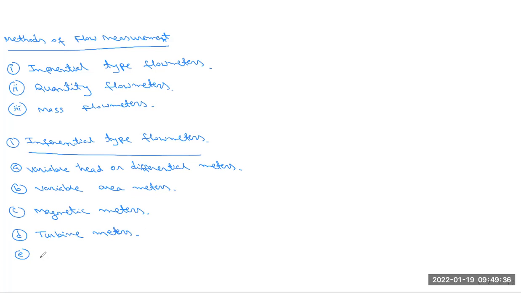Number five, E, target meters. Number A, thermal flow meters. Another one I have written here, number G, the vortex meter.